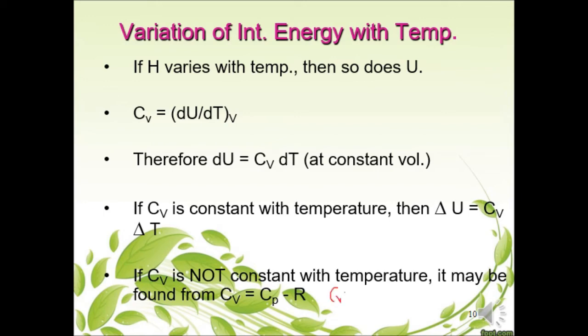Cv equals 3/2 R. So therefore Cp would be 3 over 2 R for Cv, plus R. So we end up getting 5 over 2 R for Cp. So you can use this as well as this.